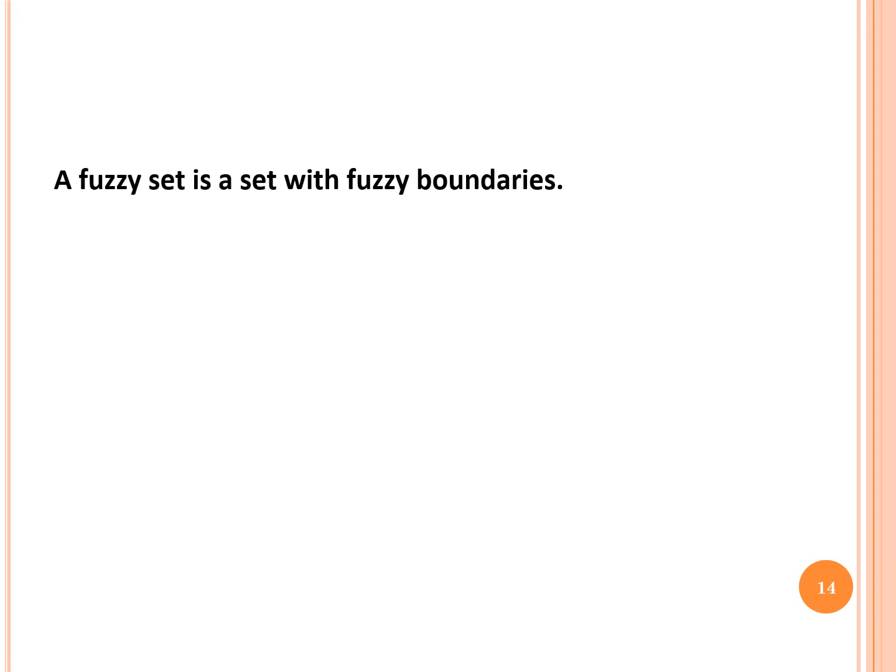A fuzzy set is a set with fuzzy boundaries. We don't have a crisp, only a straight line. But in the fuzzy set, it depends on how you set it, a set with fuzzy boundaries.